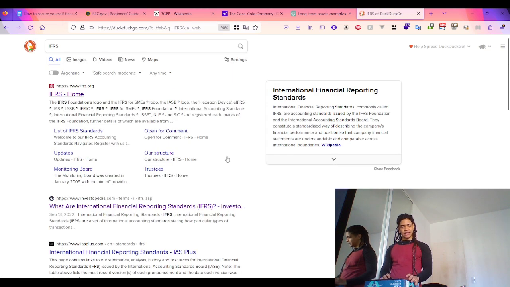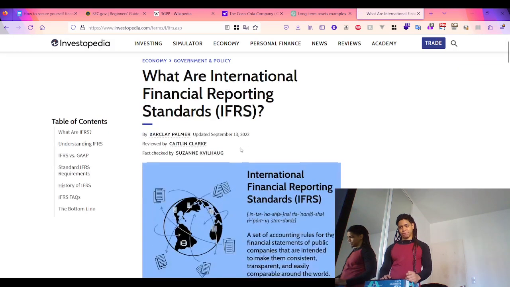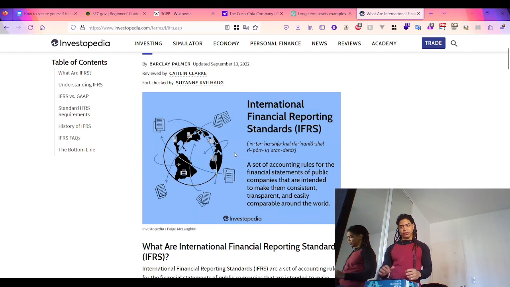And the whole point of this is due to the expansion of companies becoming multinational companies. Now these standards emerged to make financial statements consistent, transparent, and easily comparable.